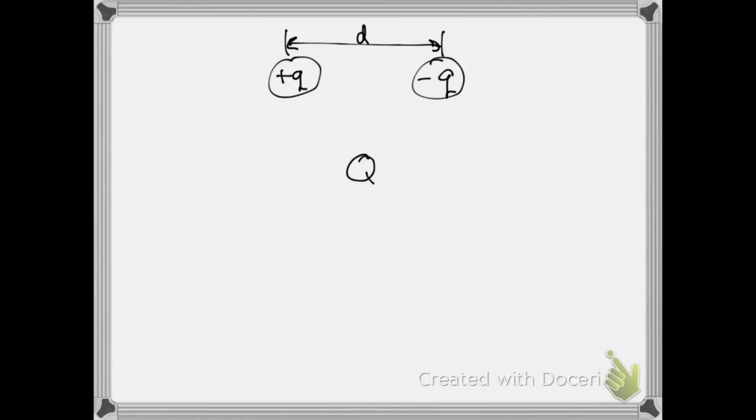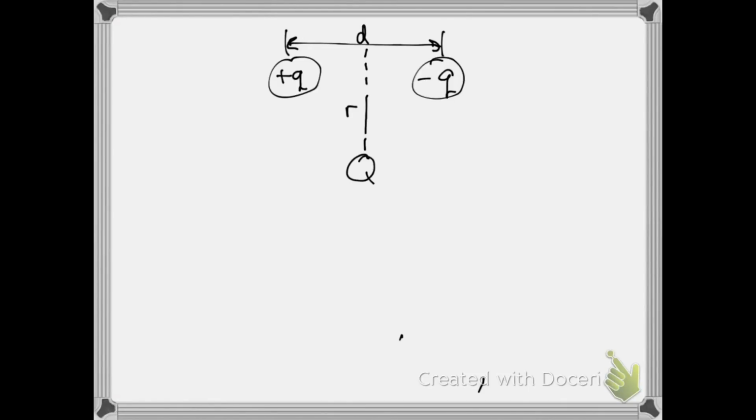We found that the electric force of the dipole, which was made up of a plus little q and a minus little q, and we asked if those two were separated by a distance d, and we wanted to know what the force was on a charge big Q at a distance r.